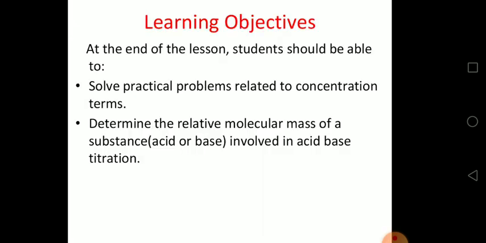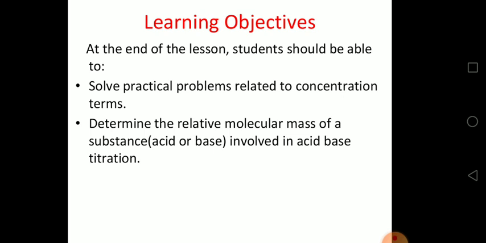At the end of this lesson, students should be able to solve practical problems related to concentration terms, and students should be able to determine the relative molecular mass of a substance, be it the acid or the base, that is involved in acid-base titration.